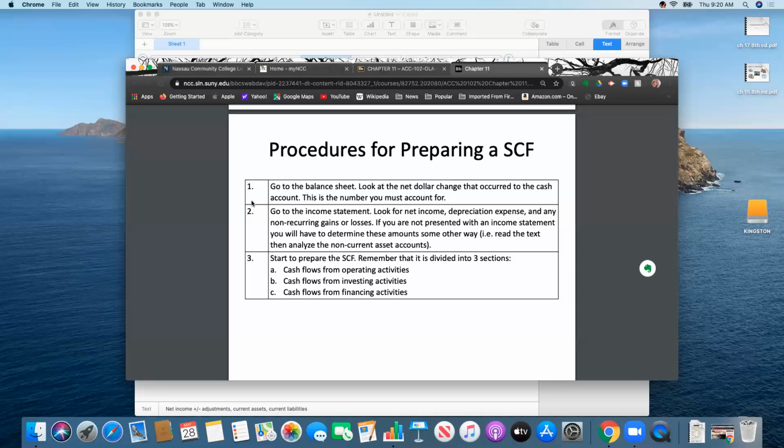Now, if you want to refresh your memory, you could go back to chapter 7. Chapter 7 was the chapter on long-term assets.